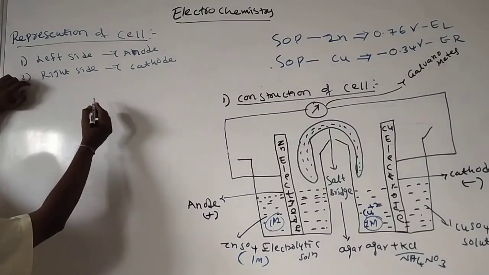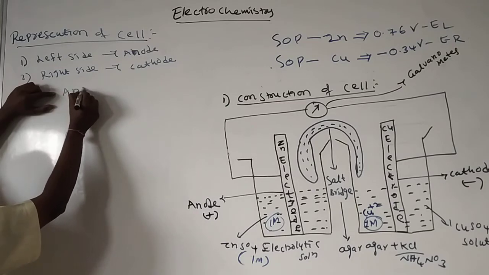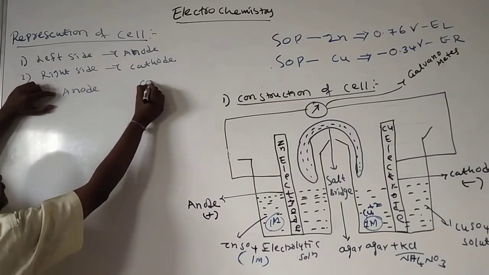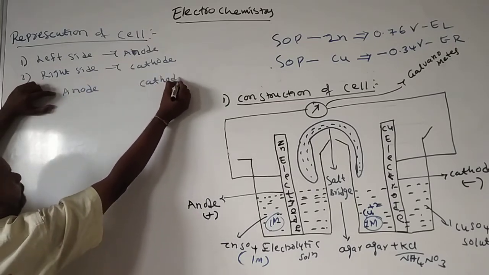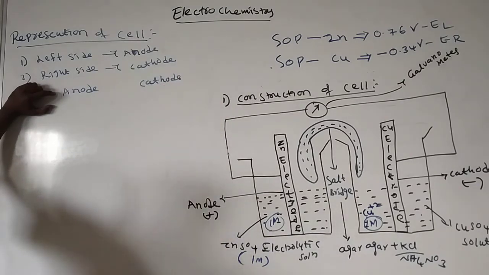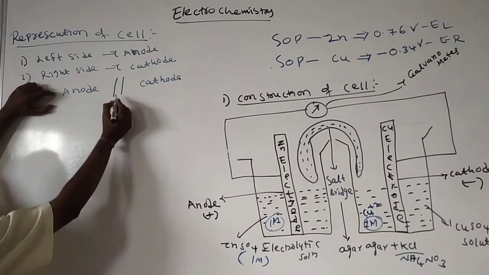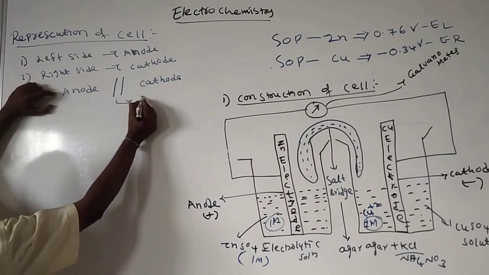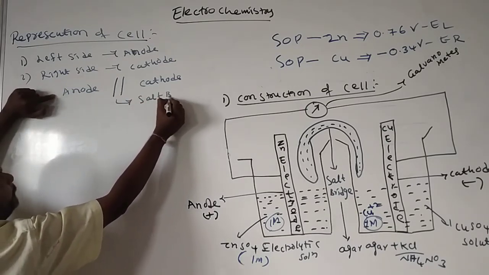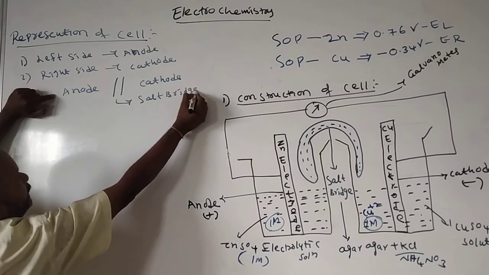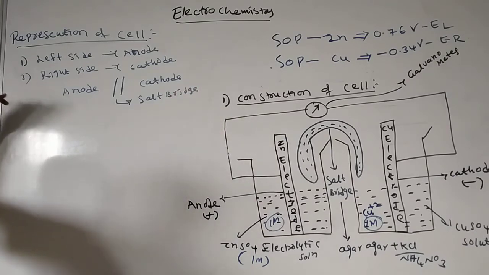Anode and cathode are both connected by the salt bridge, and this is represented by two vertical lines. Two vertical lines represent the salt bridge.